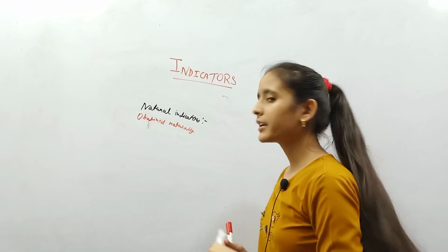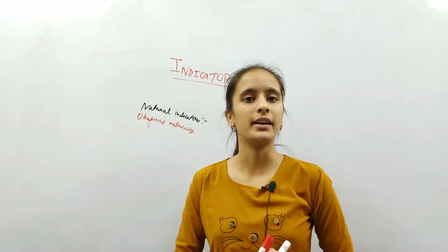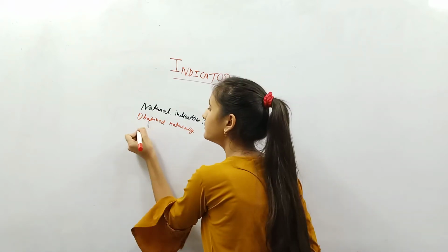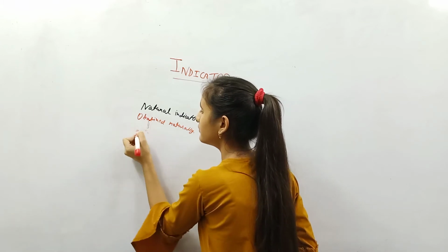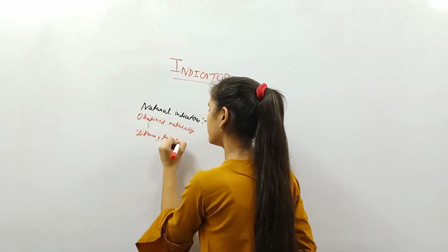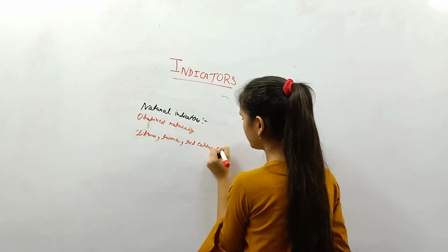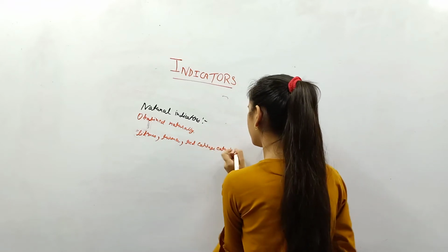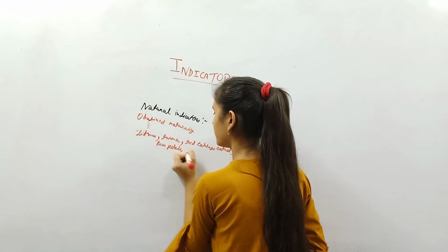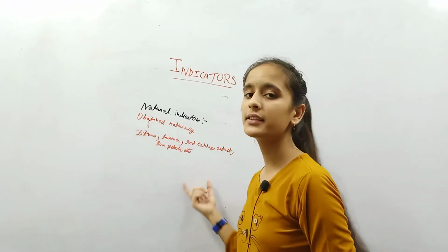For example, litmus, which is obtained from the lichen plant, turmeric, red cabbage extract, rose petals, etc.